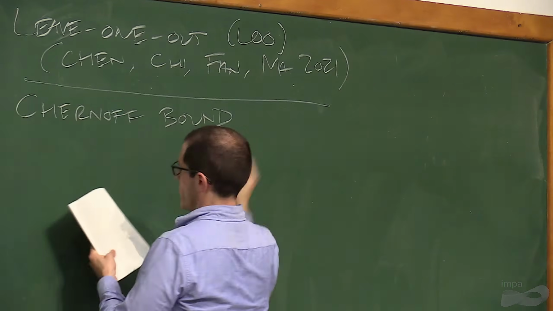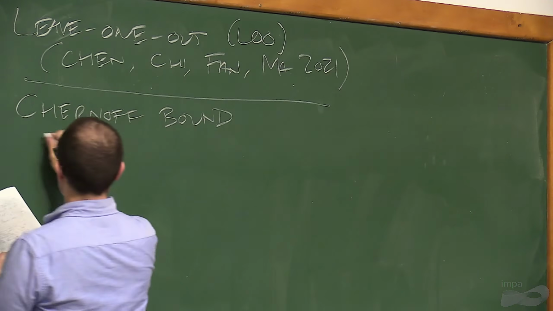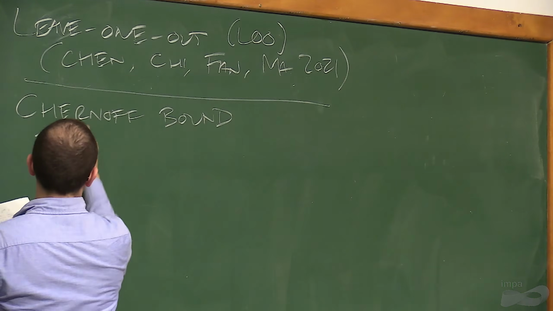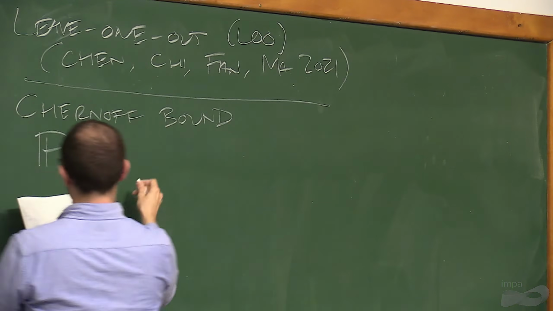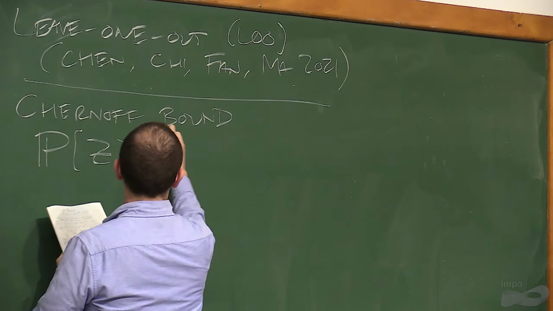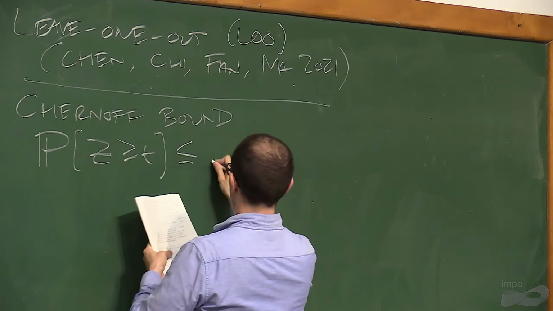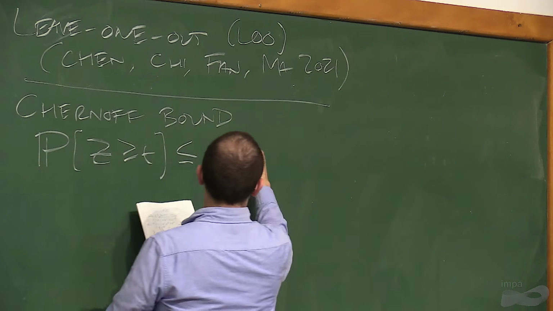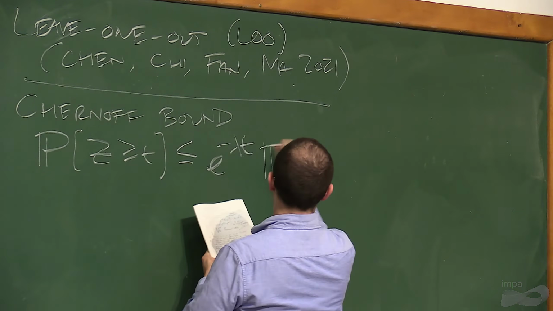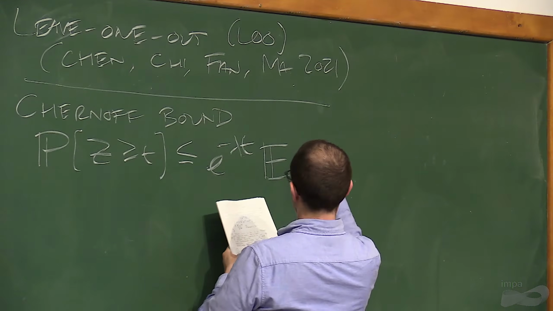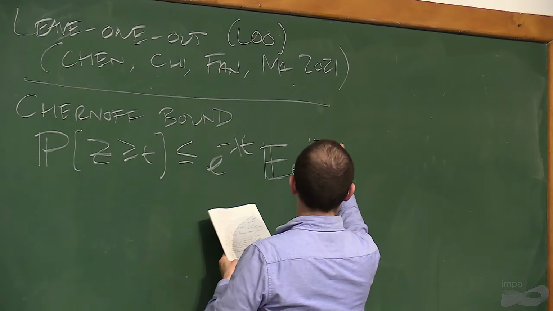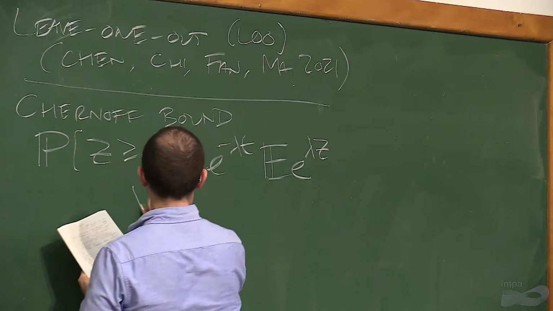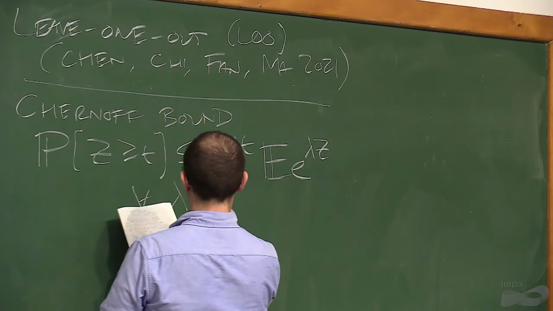The Chernoff bound says that the probability of a random variable Z being bigger than t is at most e to the negative lambda t times the MGF evaluated at lambda, and this is for any non-negative lambda.